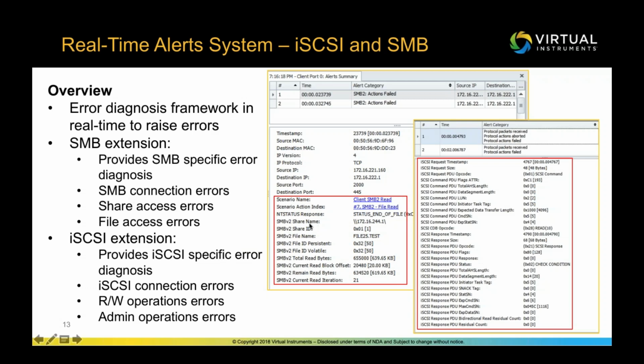As you can see in the screenshot here, you can see a share name as well as a share ID, and also the specific file where the error was encountered. So not only do we get the error code specific to SMB protocols, but also a specific file name and some of the file IDs, and even more details such as, in this particular case, exactly how far into the read operation, the block offset, where an error was encountered.